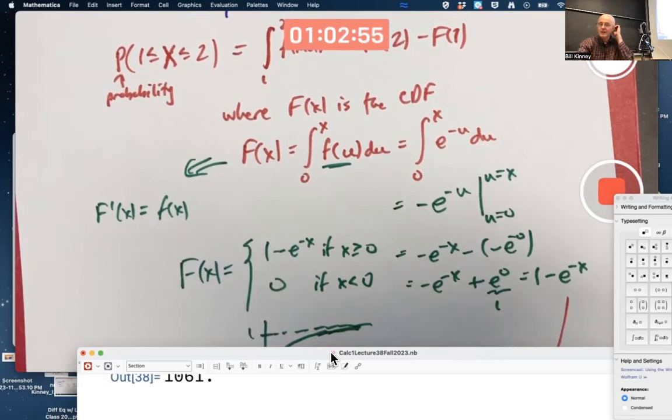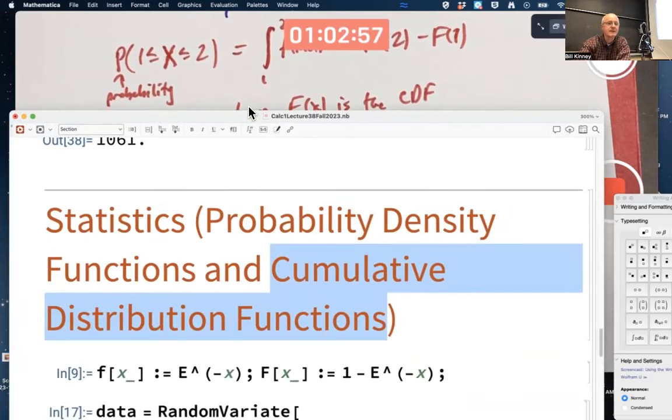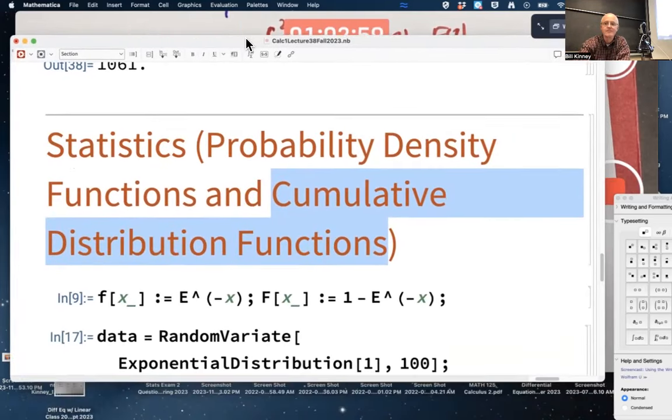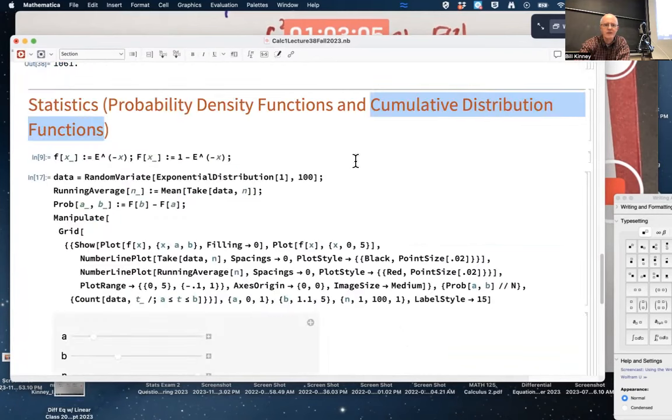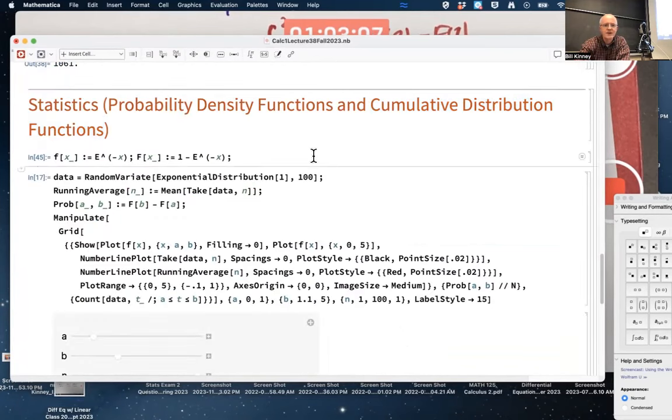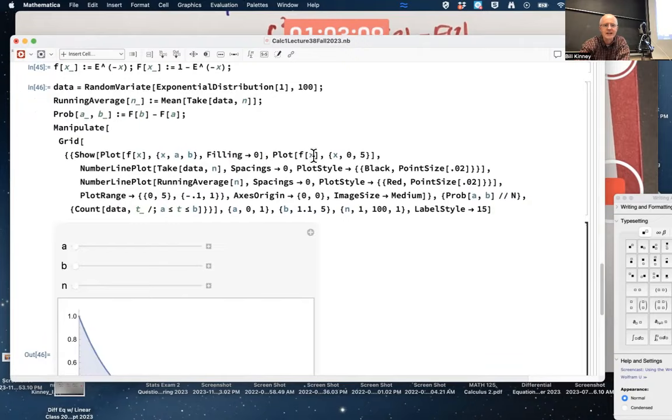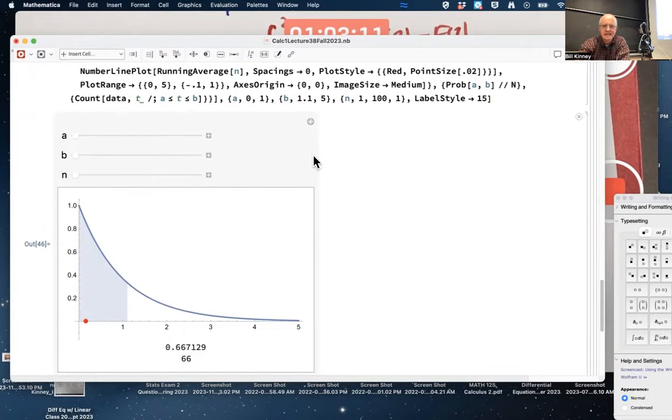Let me end by saying that we can also simulate this to make it seem more real. I've simulated it in Mathematica here. Enter these functions, and I've got a little program here that essentially simulates sampling from this distribution.